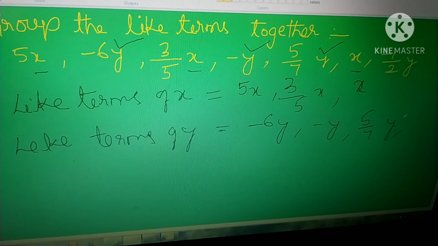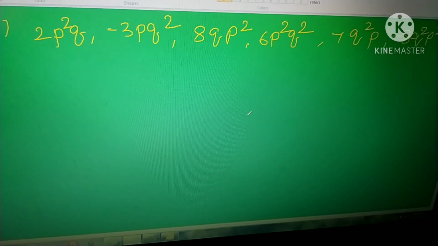That is also, write down minus 1 by 2y. Okay. Understood that one? So while writing like terms, you have to keep in mind that all the variables should be same in the terms. Okay, then only those terms will be called like terms. Otherwise, unlike terms.